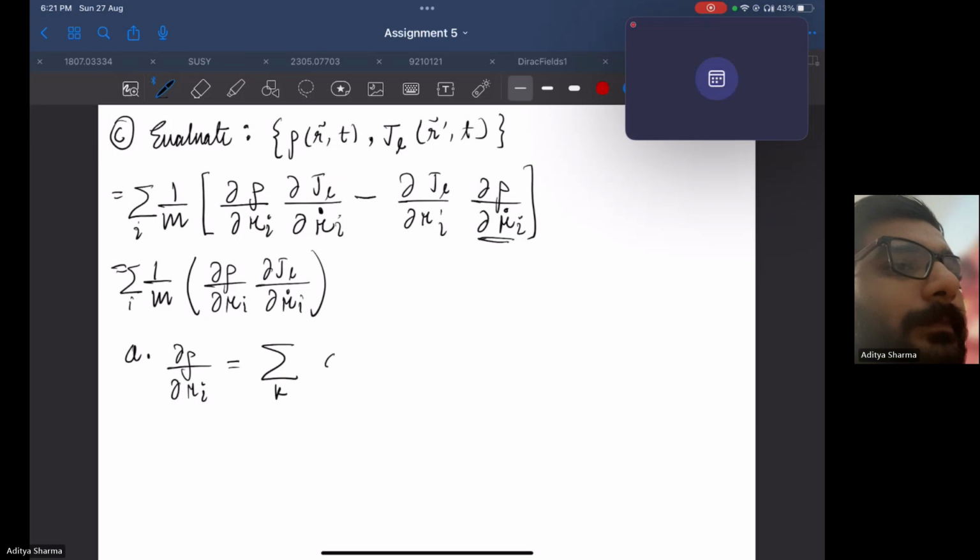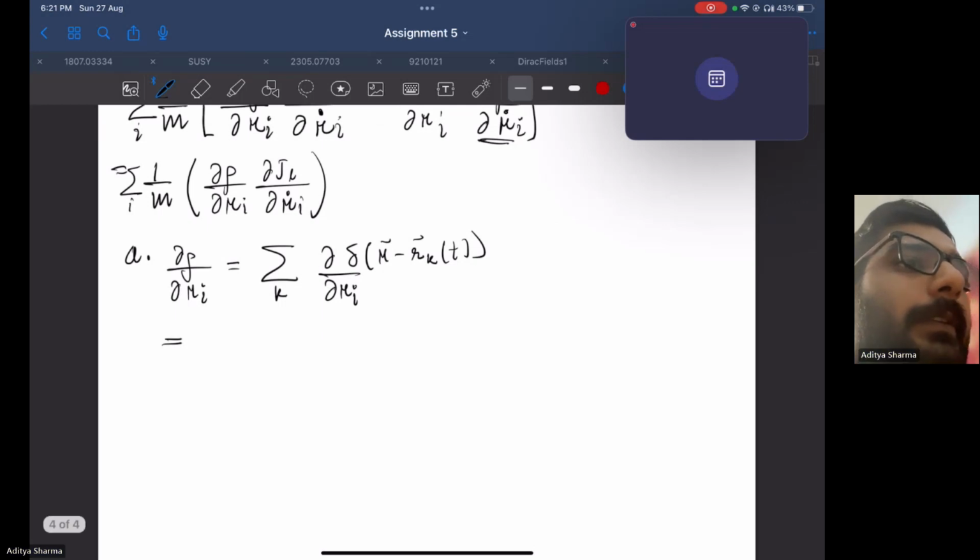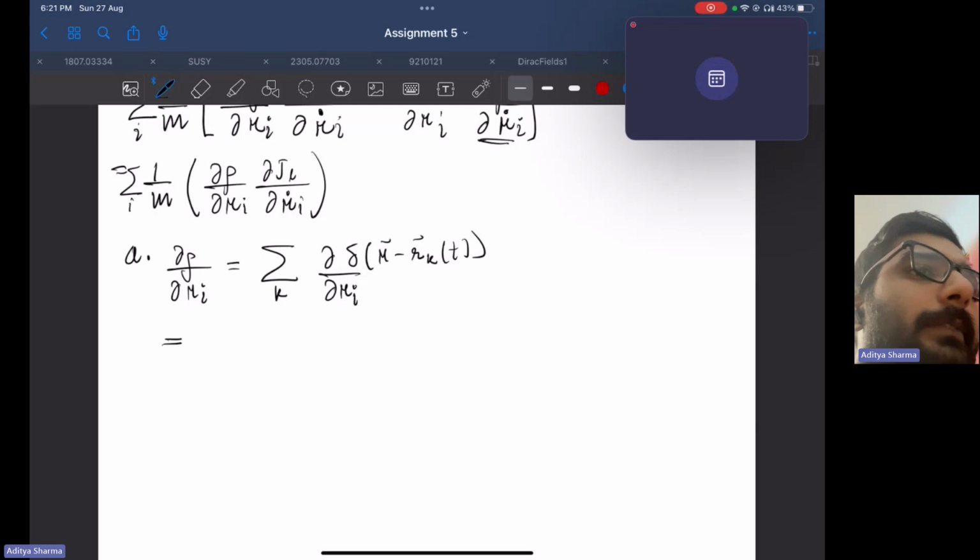K, dr, Dirac delta r minus r_k(t), these are vectors, and this can be written as, so using chain rule, what you're going to do is we are going to write this term in terms of a gradient.